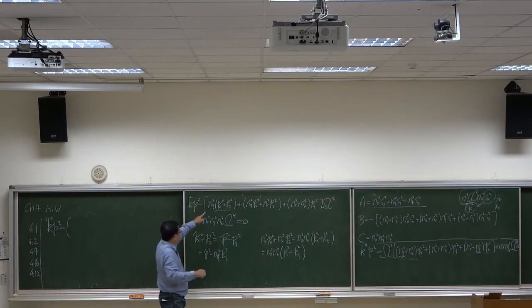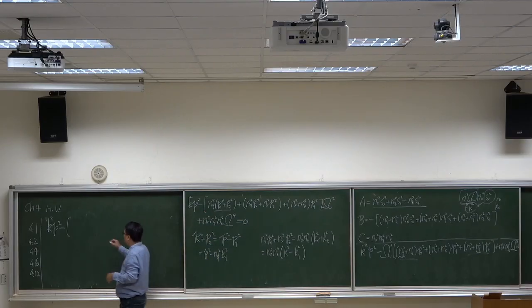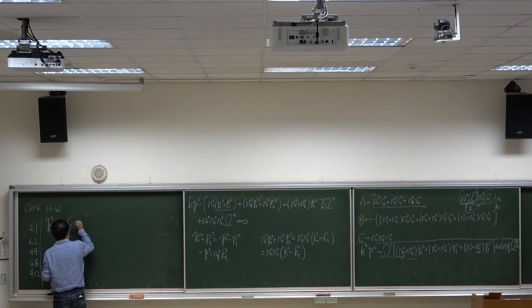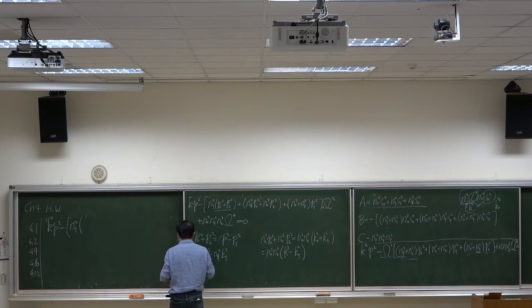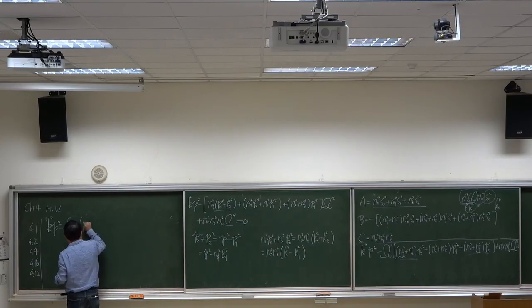Here we have ny squared times p squared minus ny squared ky squared.